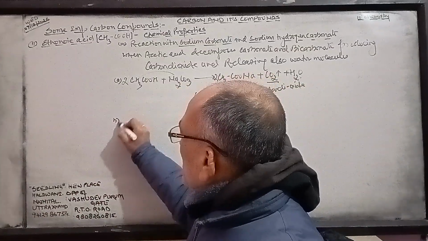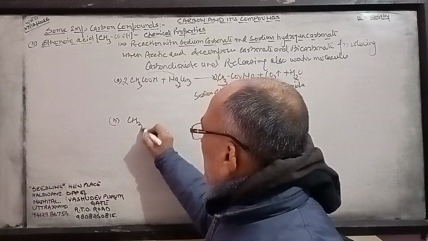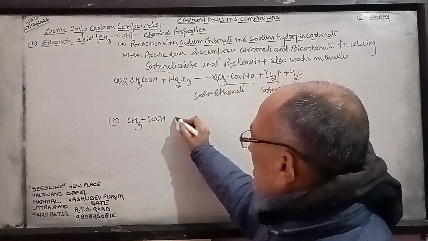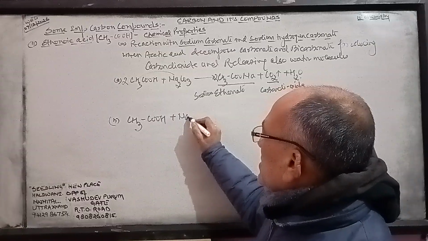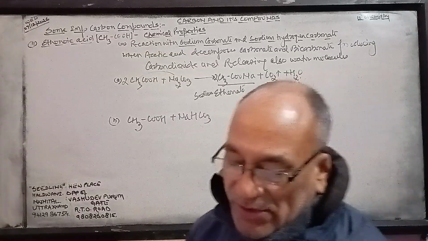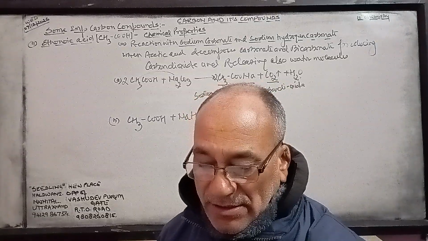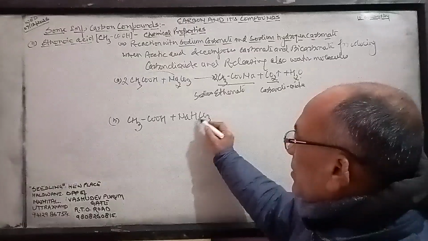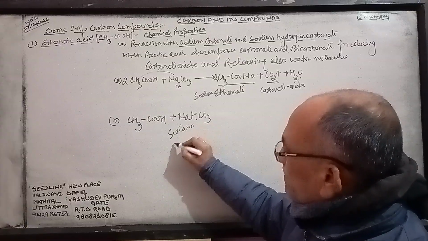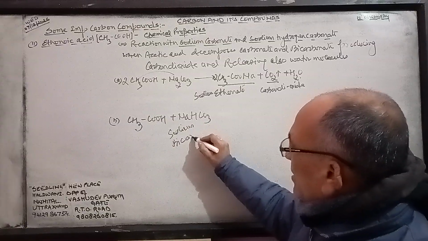In the second reaction, when again ethanoic acid, acetic acid, reacts with sodium hydrogen carbonate, NaHCO3, this is also known as sodium bicarbonate.